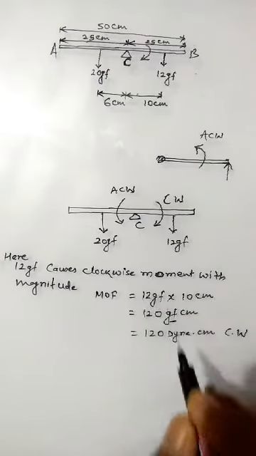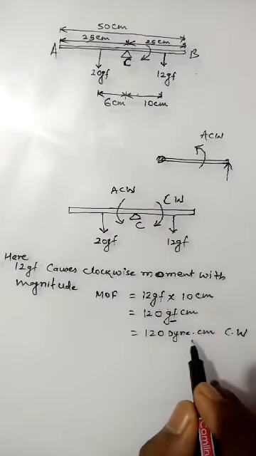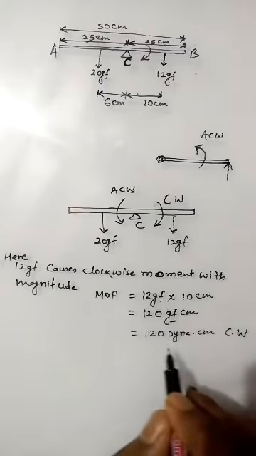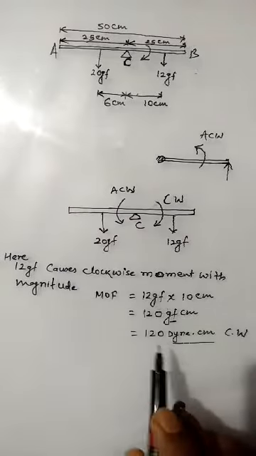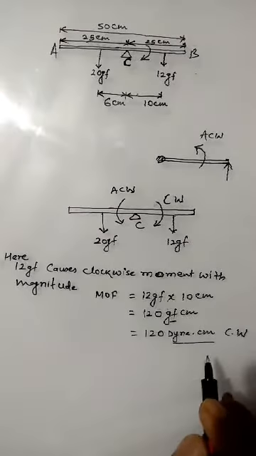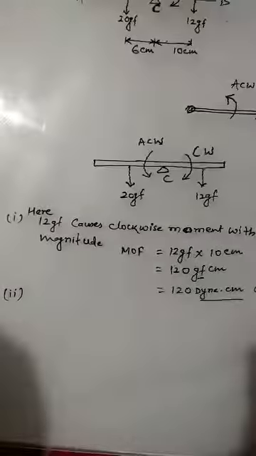GF is known as dyne. Then this is the unit of this moment of force, which is dyne centimeter in clockwise direction.